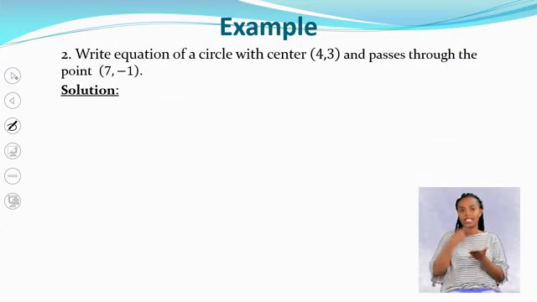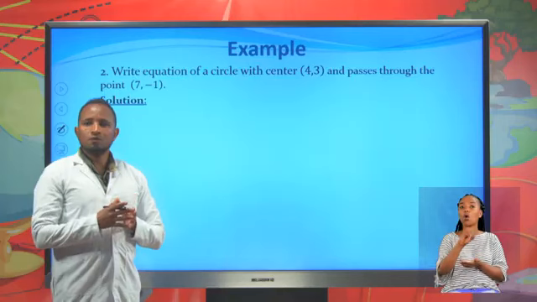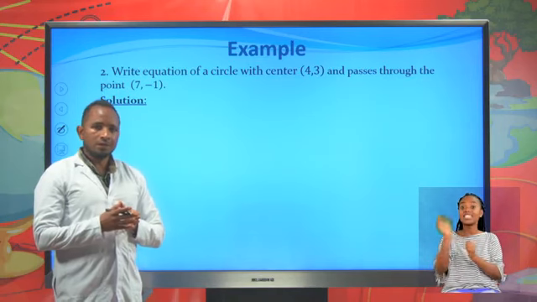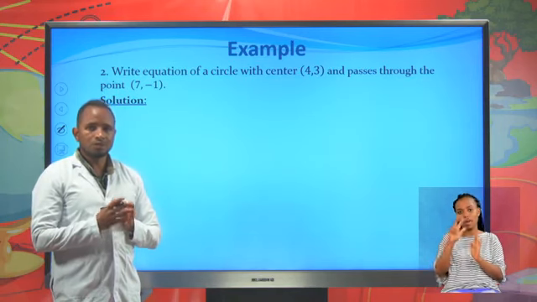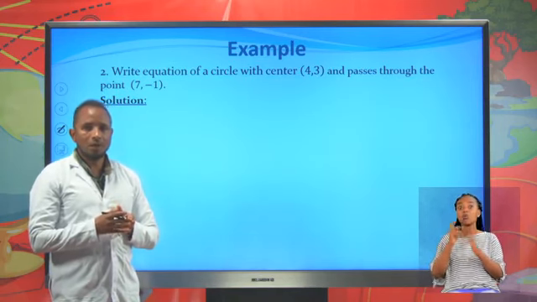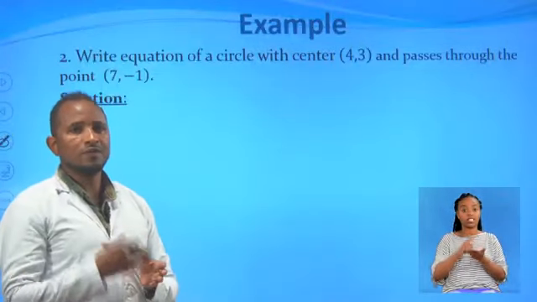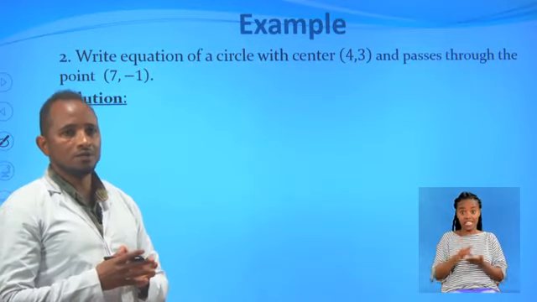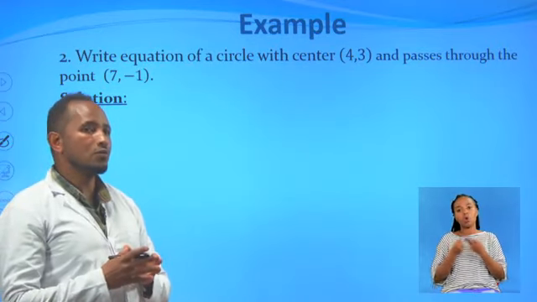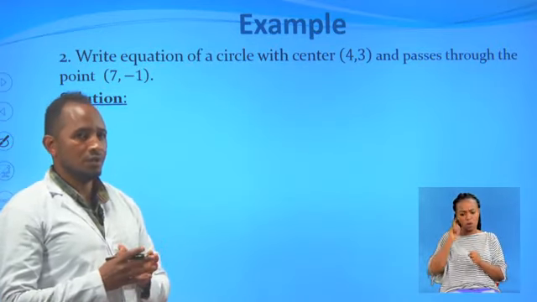Here it says, write the equation of a circle with center 4, 3 that passes through the point 7, negative 1. In this question, we have a center, but we don't have the radius. To write the equation, we need to have the center and radius.